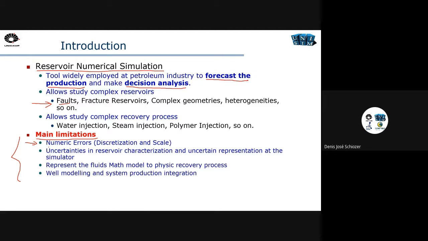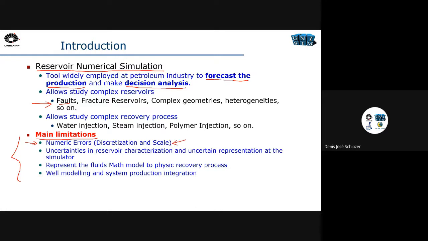We have to do that using reservoir simulation blocks of sometimes 200 meters, 100 meters or 50 meters, and in the vertical direction maybe 10 meters, or 5. So the discretization in our area is very different from other areas of engineering. Our errors are much bigger than the errors found in other areas of engineering, okay? This is one of the main limitations we have.